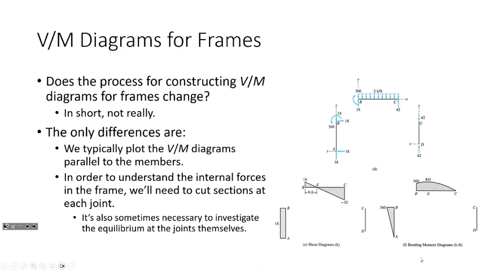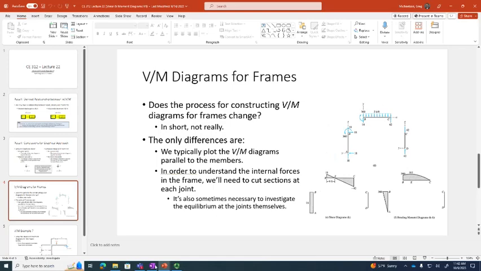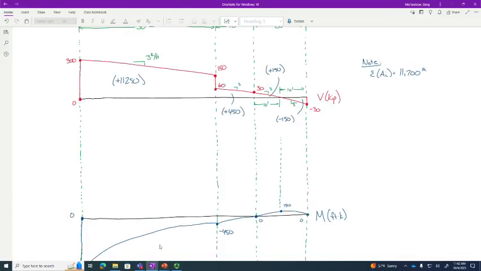I mean, if anything, frames maybe will help explain, I don't think I did it on this problem. Yeah, I didn't do it on this problem, but it might help explain why, for the longest time, I've been putting these little tick marks here on my shear and moment diagrams. And really, what the tick marks are, they're arrows.